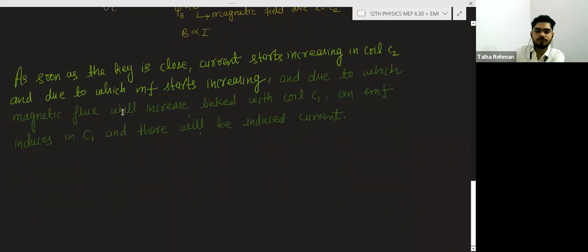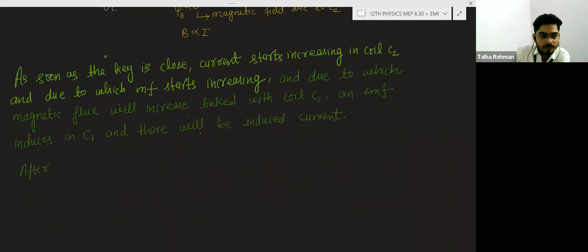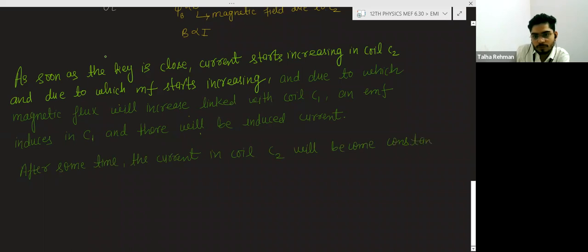Okay, so here you can write: after some time the current in coil C2 will become constant.